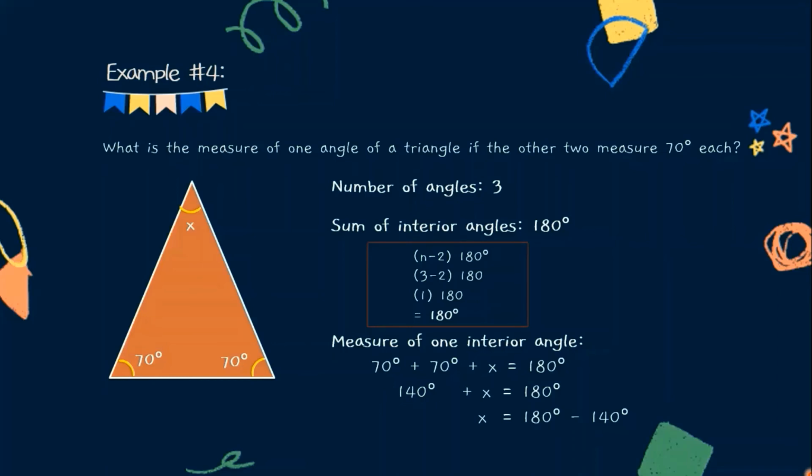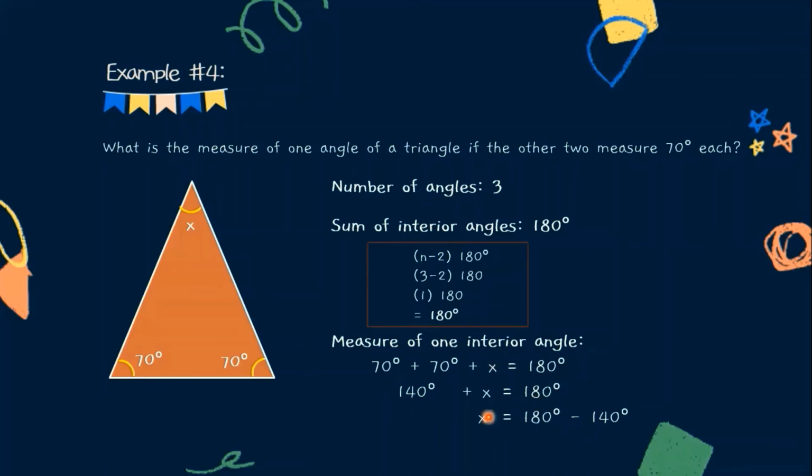Then, we'll have to transpose 140 degrees. From left side, ililipat natin siya sa right side. Pag tayo ay nagtatranspose, laging tandaan mga bata na magbabaliktad yung sign niya. So, from positive 140, magiging negative 140 na siya. Kaya instead of adding, since nilipat natin siya ng pwesto from left to right, magiging minus na siya.